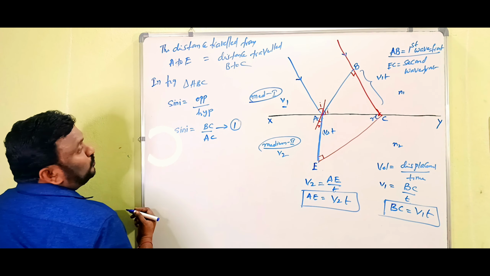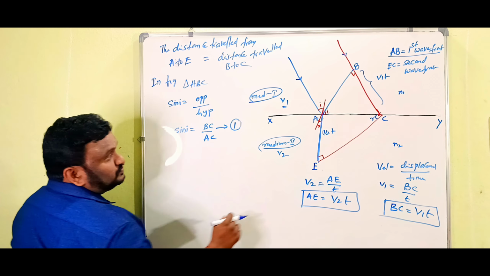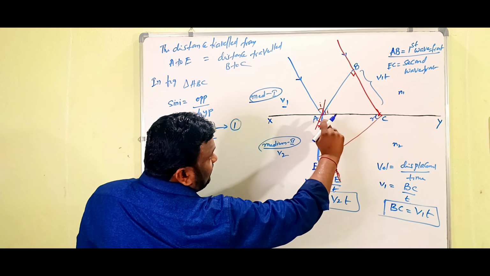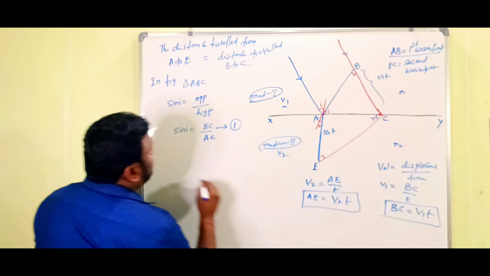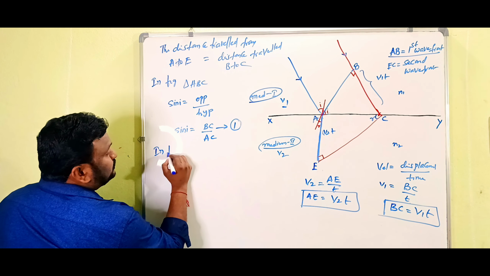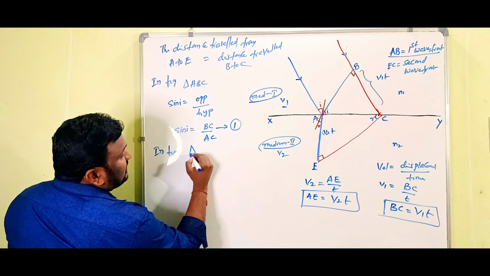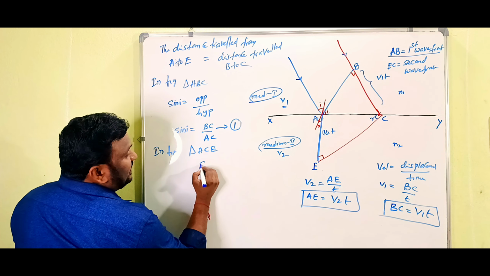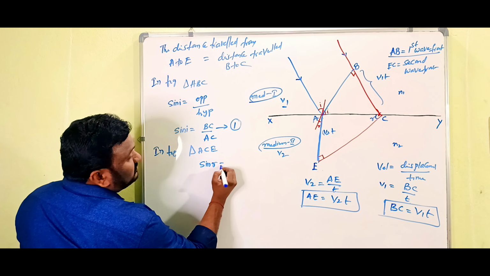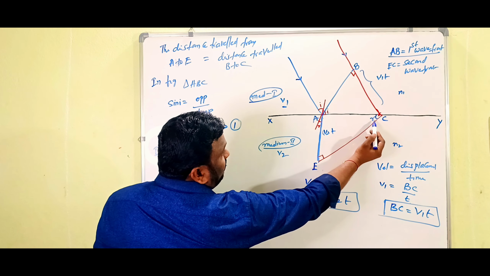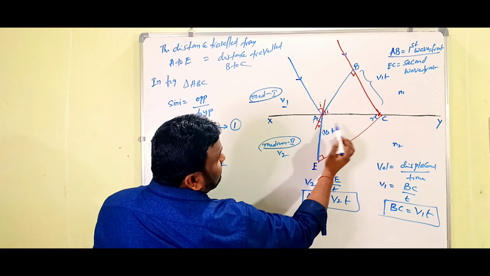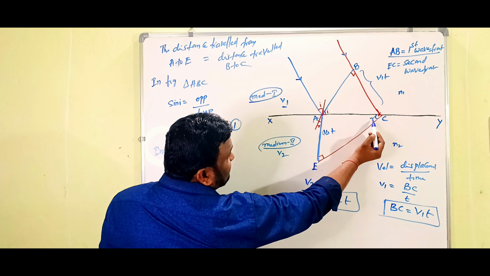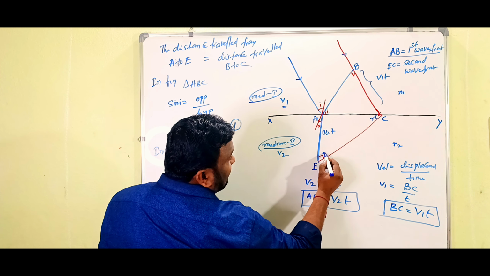And similarly we can go for the second triangle, ACE, in the figure. In this case we write sin R. This is the angle R, so this is the angle of refraction, and these two are the same, children. This is the angle R and this is the 90 here.